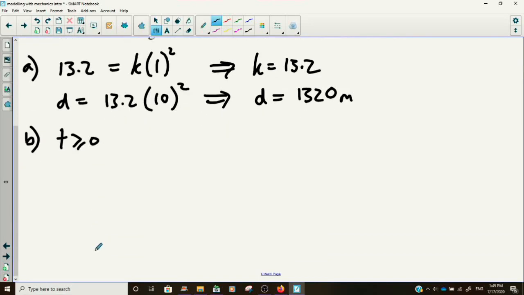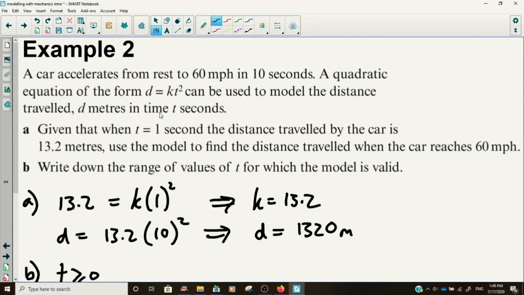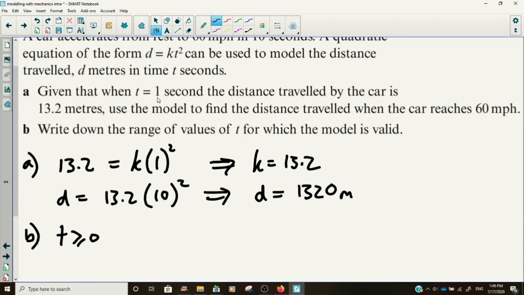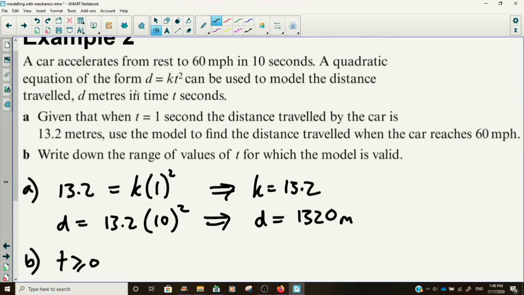What we really have here is another quadratic equation. So as t increases, d, the distance travelled, is going to increase exponentially. And obviously it wouldn't make sense for the car to be able to travel at 1,000 miles per hour or an infinite speed. So there's got to be some restriction.